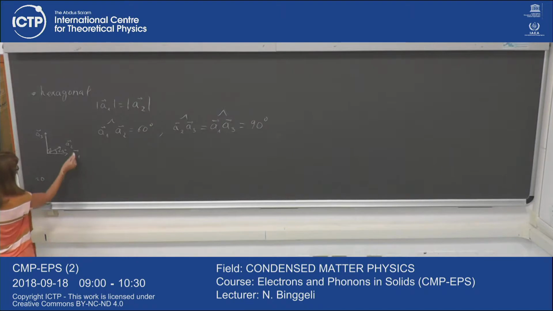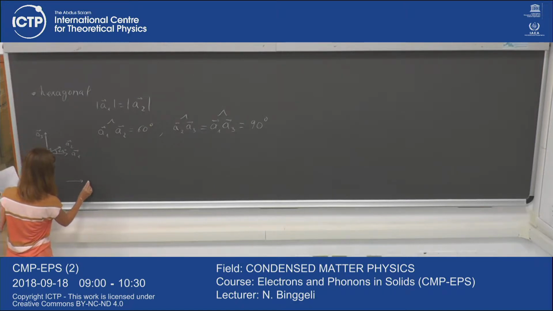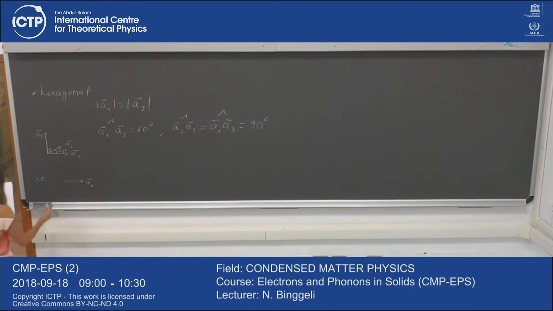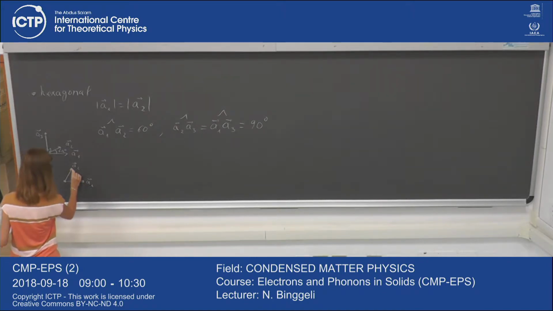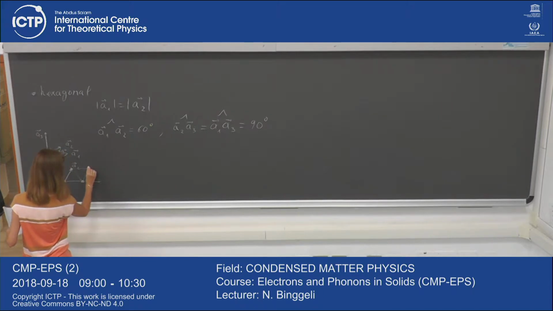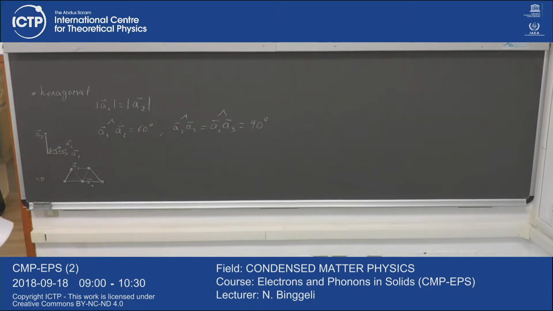In this plane I have my vector A1 here, my vector A2 here, and the lattice of points that I will see in 2 dimensions would be something like this. So these are points of this lattice.